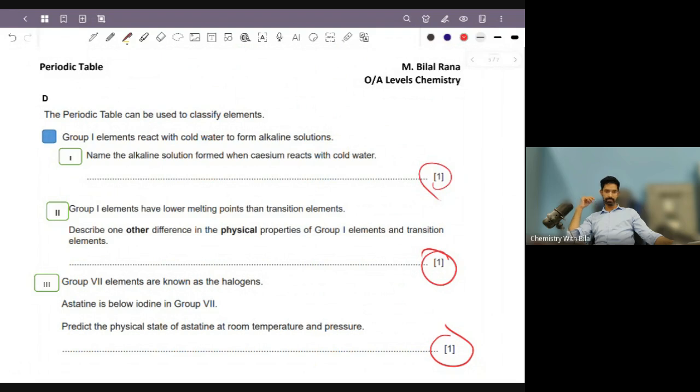Shabash, need help, you can ask. Done. 20 seconds.